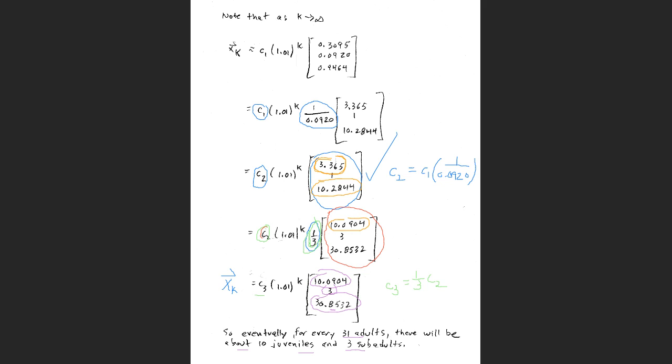It doesn't matter what this coefficient is in front. It doesn't matter what the coefficient is in front of that vector. It doesn't change this ratio relationship between adults, juveniles, and subadults. It won't change that.